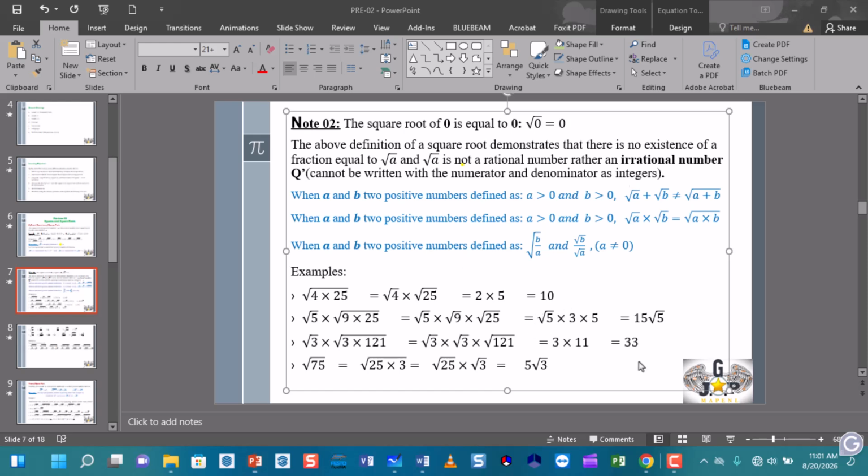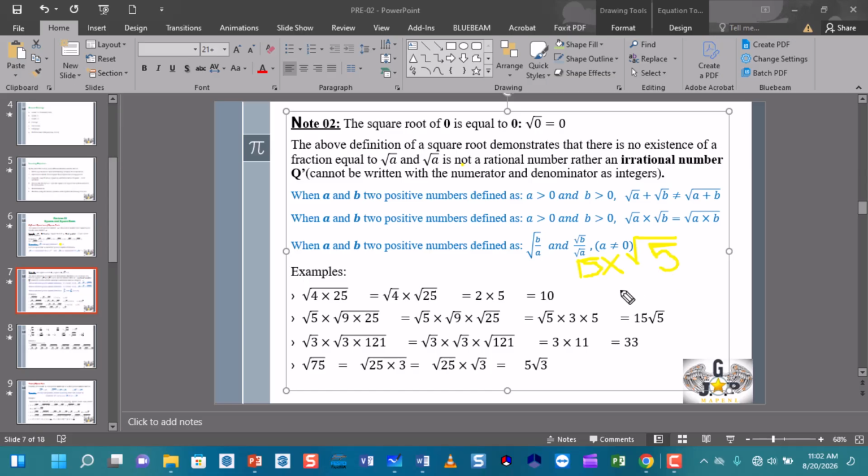By that, what do I mean? I mean this. By this expression here, we're going to have 3 times 5, right? Which is 15. So we have 15 multiplied by the square root of 5.